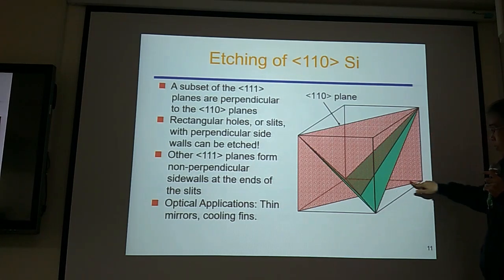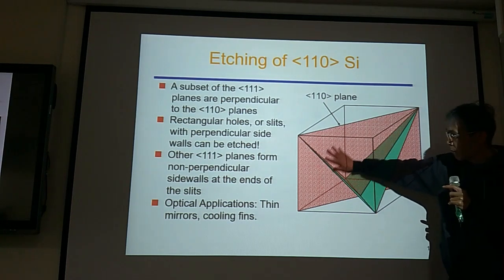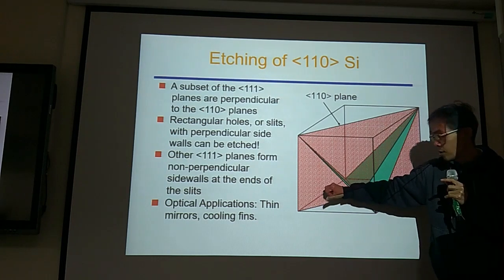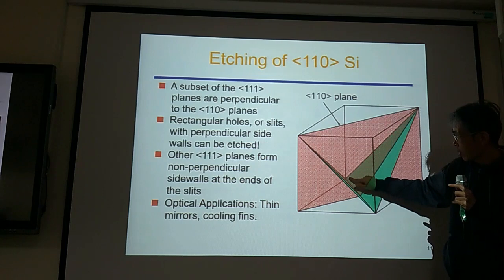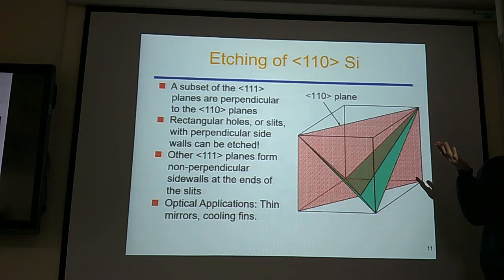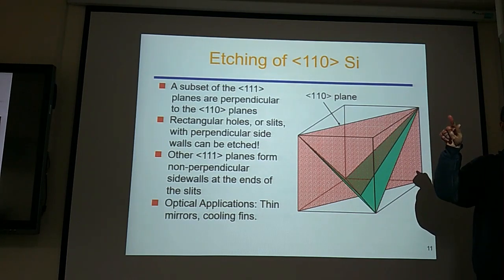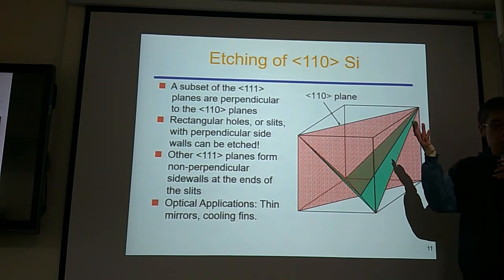So if this is x, this is y, this is z, now this surface becomes 0, 0, minus 1, because of the normal vector. Zhengyi, do you agree? Yeah, 0, 0, minus 1. So we call this the 0, 0, minus 1 surface. But you may wonder, how come it was 1, 0, 0 before, and now it becomes 0, 0, minus 1?